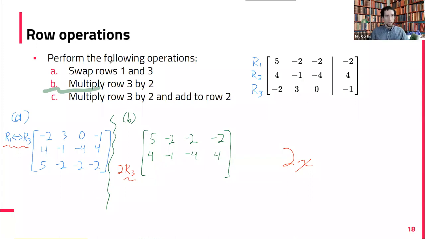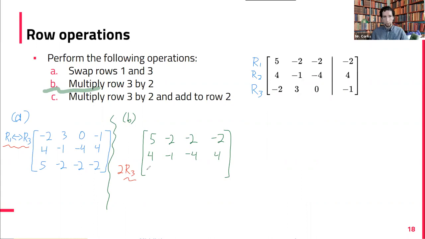All right, so can someone please tell me what our new row 3 is? 10, -8, 10.